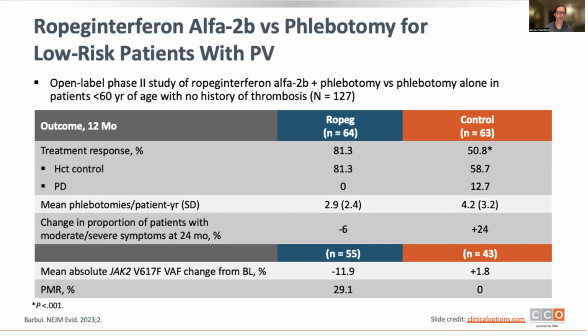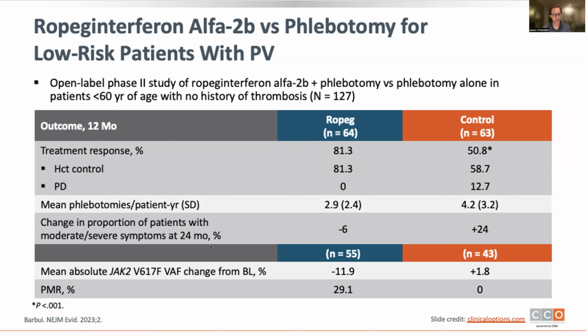So the lower risk patients, they also compared, if you're going to do phlebotomies, if you added on this interferon, would they do better? And basically, if you look at it, hematocrit control was 81% versus 58%. So by adding it, they had a much higher rate of keeping that hematocrit at the target.